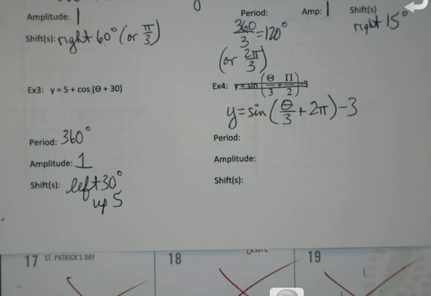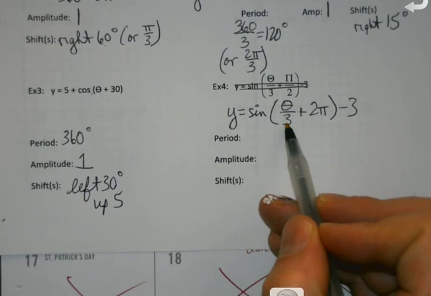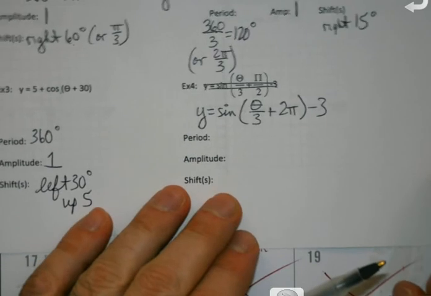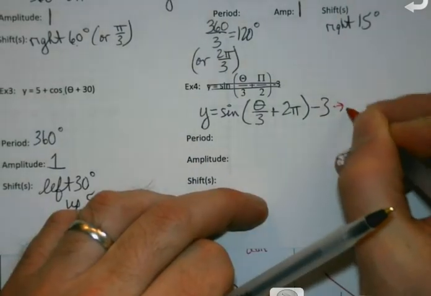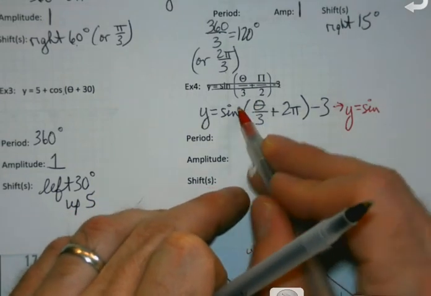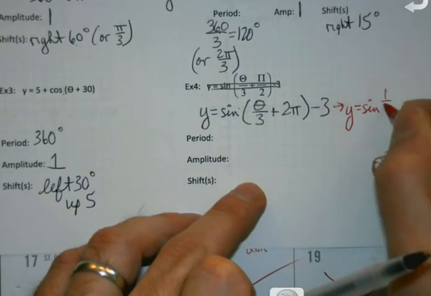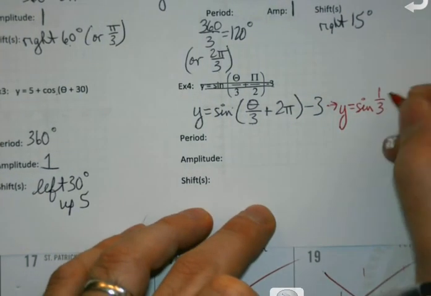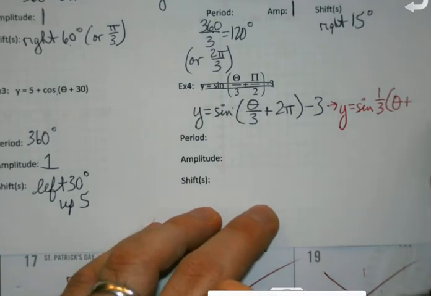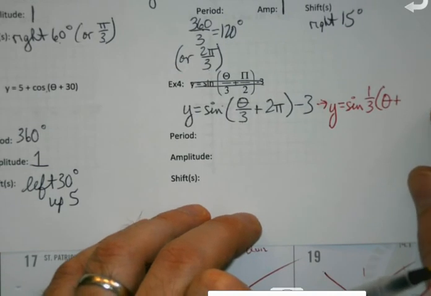So you're like, okay, ooh, you said before theta's got to be by itself, but it's over 3 right now. So if I went to rewrite this, and I have to, because I have to factor the 1/3 out, because again, if it's over 3, it's not like it's 3 pi, where I can just put 3 theta, where I could just put the 3 out here. That fraction's making it 1/3, and now I got to think for a minute. 1/3 times what, ooh, gets me to 2.